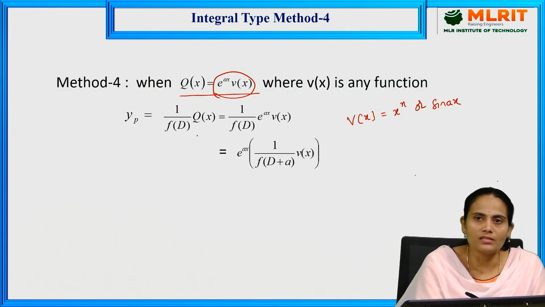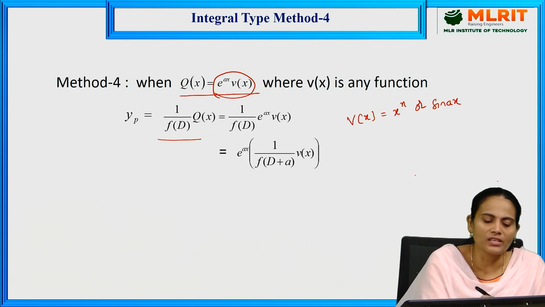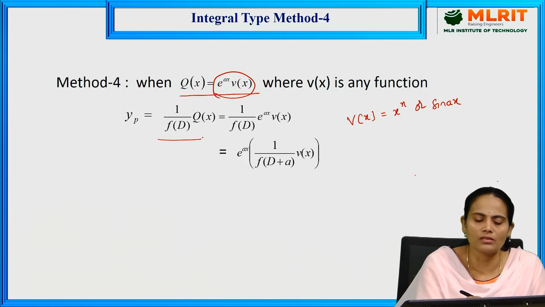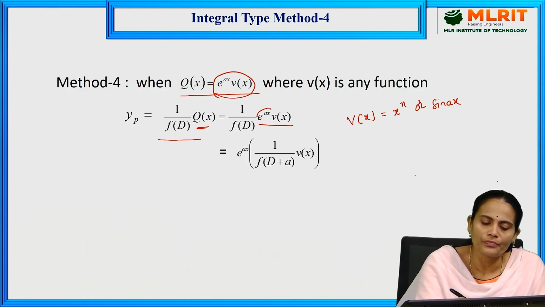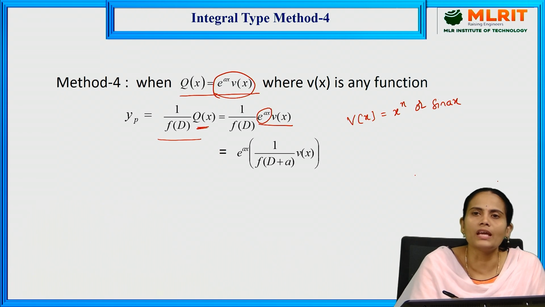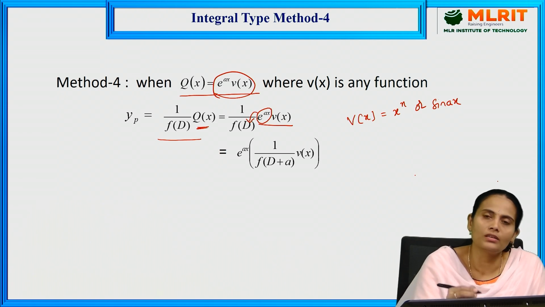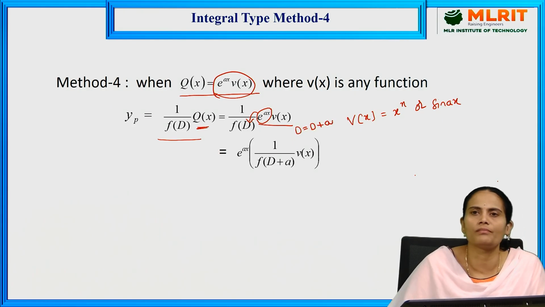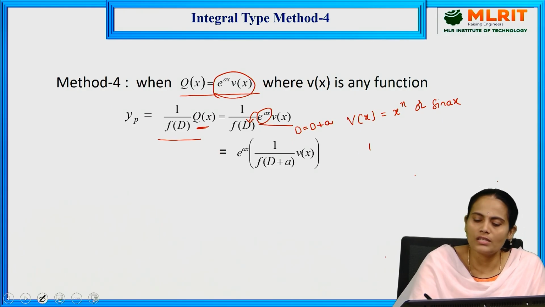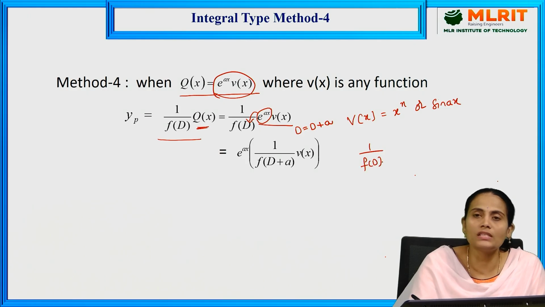The Yp is defined as 1 by f of D into Q of x. Here Q of x is nothing but e power ax into V of x.